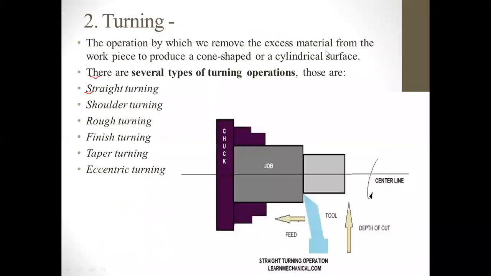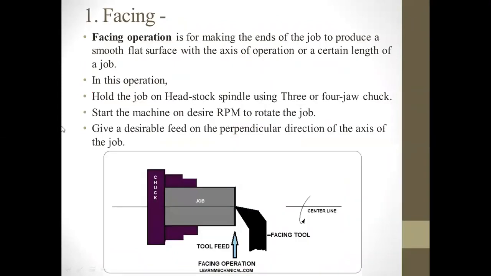In this facing operation, the material on the face will be removed by using the facing tool. The facing operation is for making the end of the job produce a smooth flat surface perpendicular to the axis of operation or a certain length of a job.